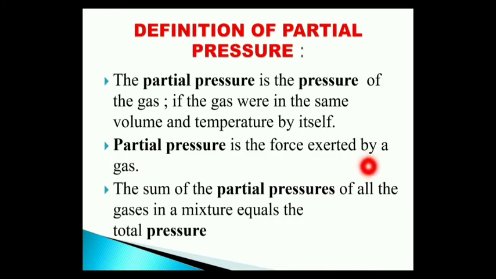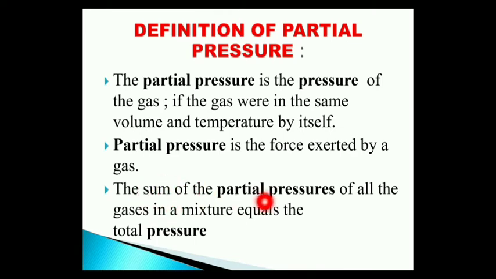Some amount of pressure is applied on the gas, some amount of force has been produced by the gas. So partial pressure is the force that is exerted by the gas. The sum of the partial pressures of all the gases in a mixture equals the total pressure. So if you are asked to calculate the total pressure of the gases present, how will you do it?